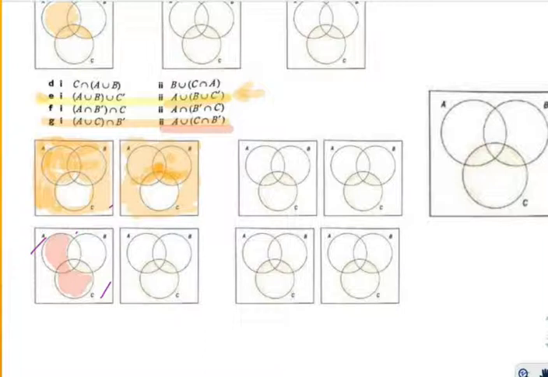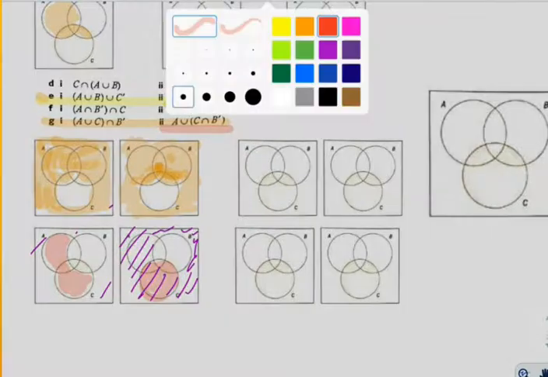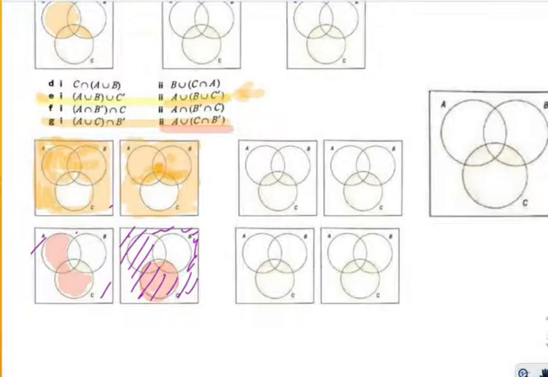And then let's do this one, which is first we do C intersect B complement. So we'll color in C, and then B complement we'll draw in with this. What's the intersection of those two? It would be this part here, right?